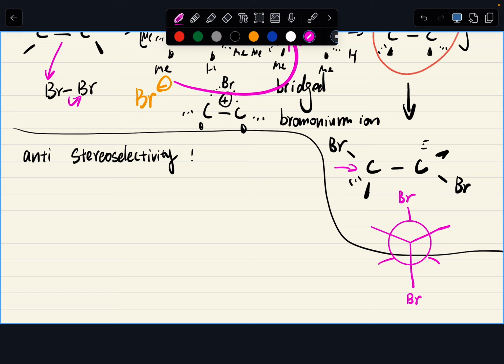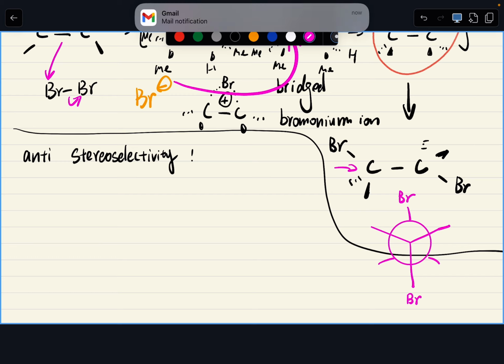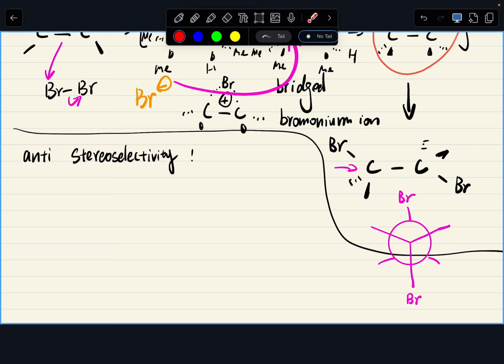So now in this drawing, it doesn't look like it's stereoselective because I don't have a chiral center on any of my carbons right now. But if we put different substitutions onto my carbon, then we'll have stereoselectivity in this reaction.